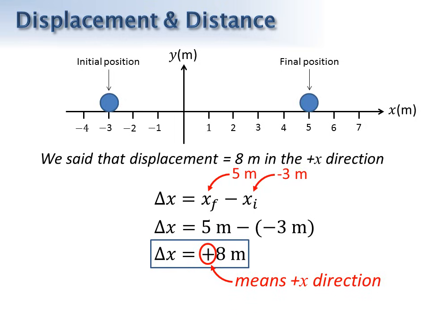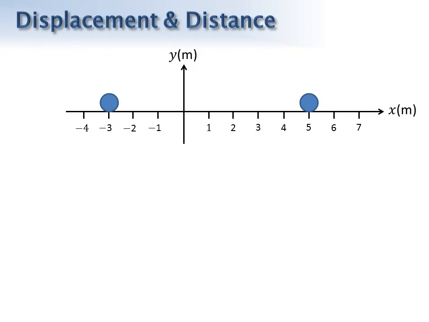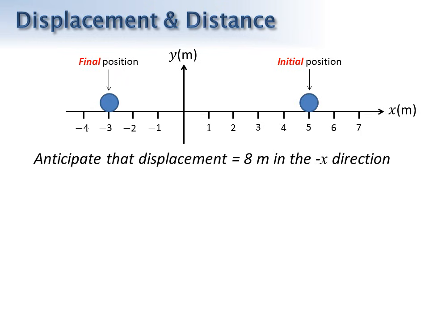Just as a little bit more practice, let's roll the ball exactly the other way and see what happens. So this time, here's the initial position and here's the final position. Now we can anticipate what the answer should be. Again, it's going 8 meters, but now it's going in the negative x direction. So 8 meters in the negative x direction is the displacement for the ball.